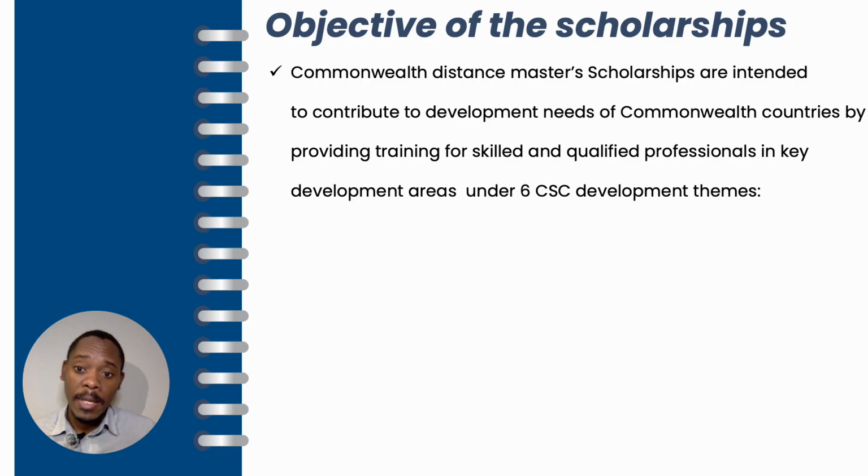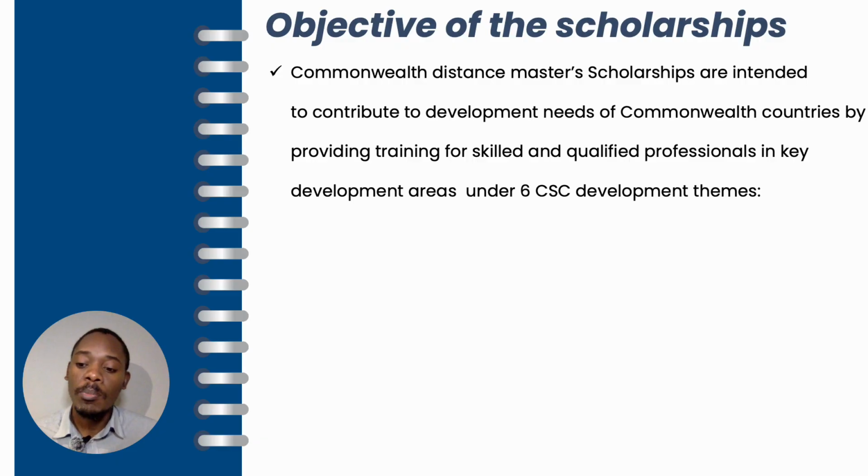The scholarship is intended to contribute to the development of the Commonwealth countries, so that you, as an applicant coming from these Commonwealth countries, I think there are about 44 countries that are eligible this year, are going to gain the skills and the qualification that are needed while you stay in your country. So you are going to be learning at a distance as a mode of learning.